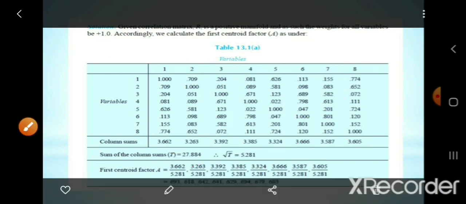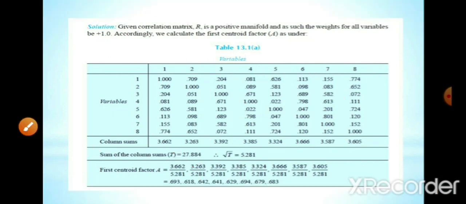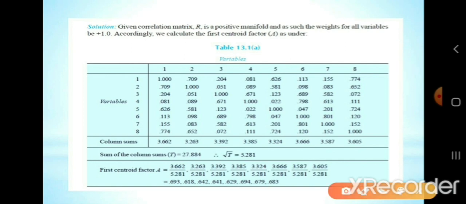Okay, so this square root of the total sum will be used in calculating the loading of each variable. This is determined by dividing the column sum by the square root of the total column sum.